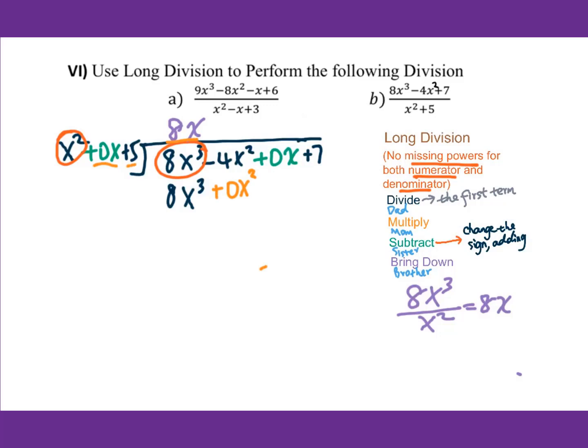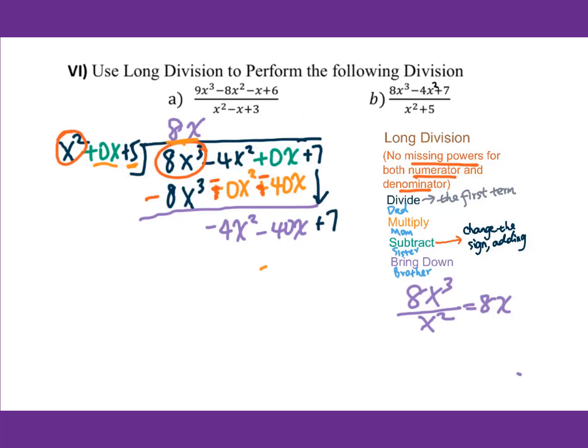Then we do 5 times 8x, that is positive 40x. Then remember, change the sign. Adding. So we got negative 4x squared minus 40x. Then drop down this 7.